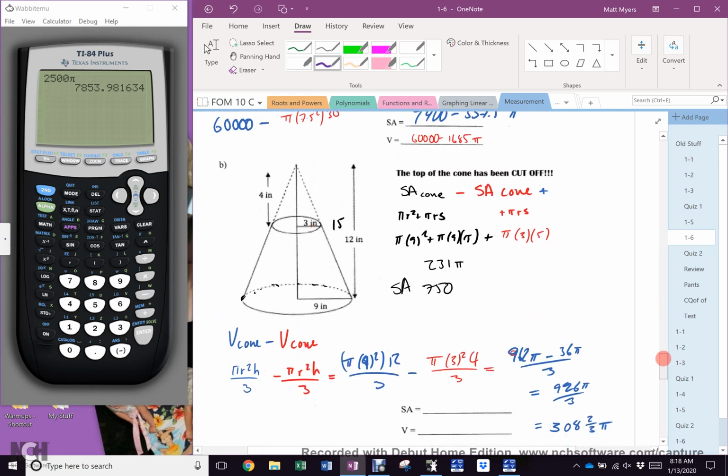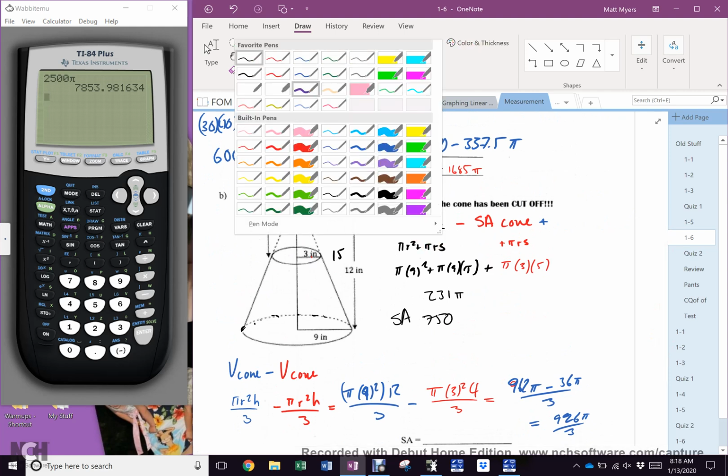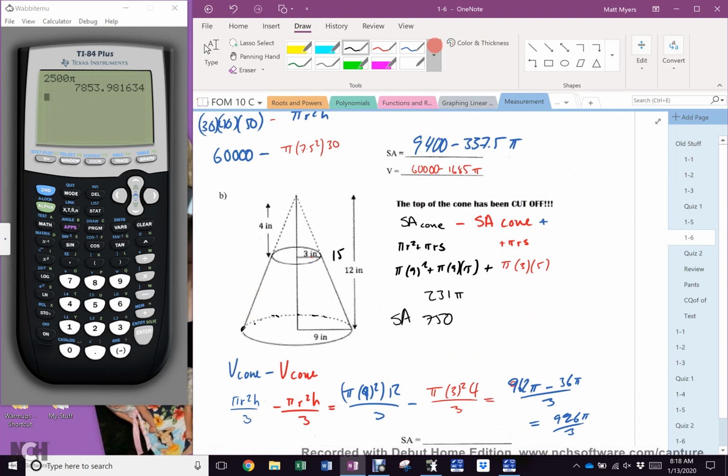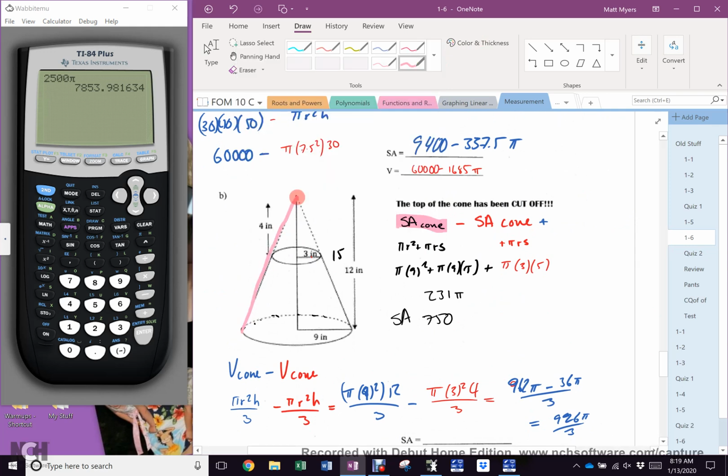And this one always causes trouble. The pink cone, which would be the whole cone, correct? Right? But I removed the yellow cone, which would have been right here, right?